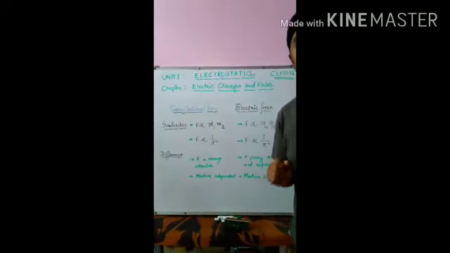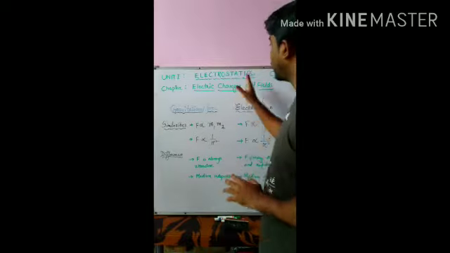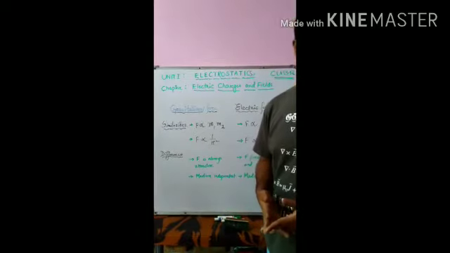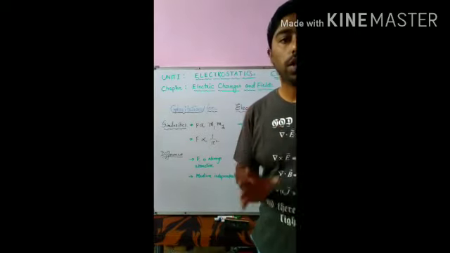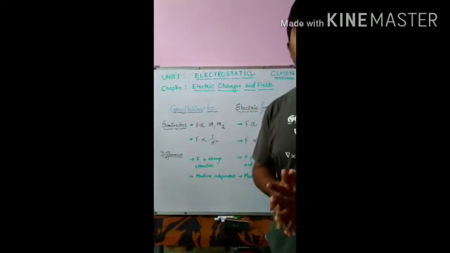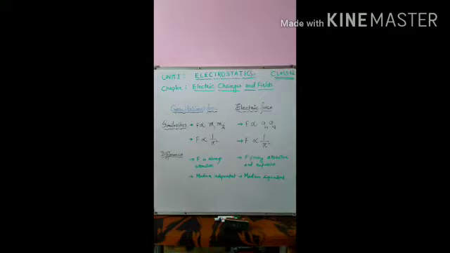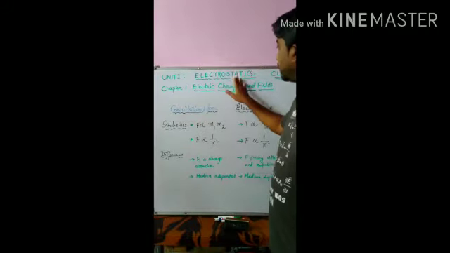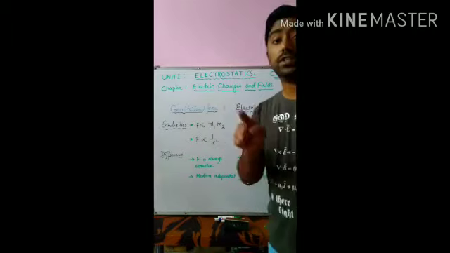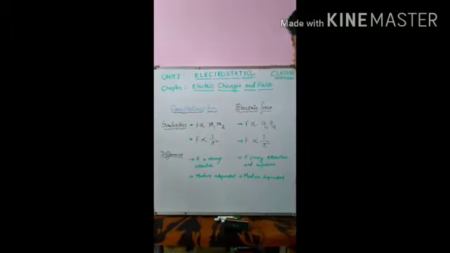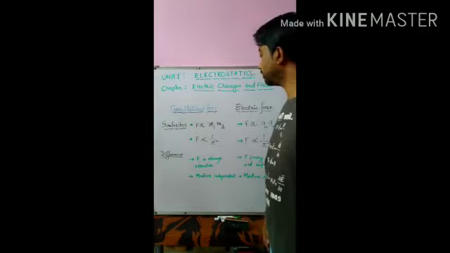Here, static means the charges that we will study will be stationary. They will be at rest. So this is the first point that you have to note. Electrostatics is the study of the electrical environment of a charge that is stationary. The charge should not move. When the charge moves, it's a different field altogether.